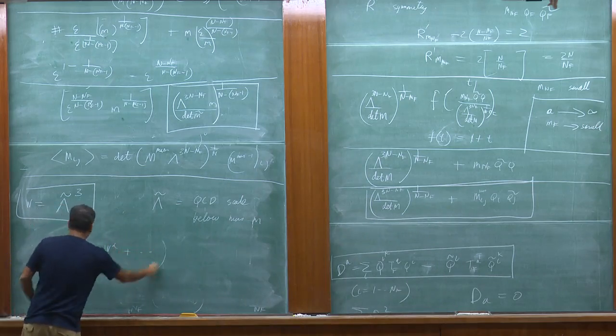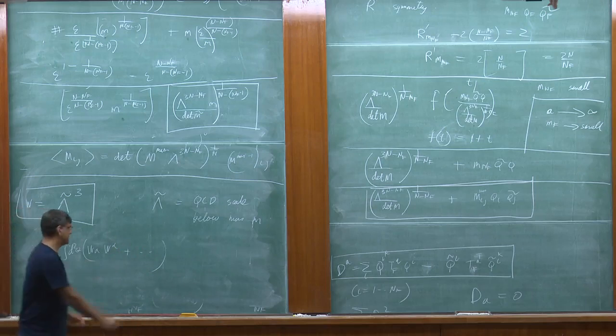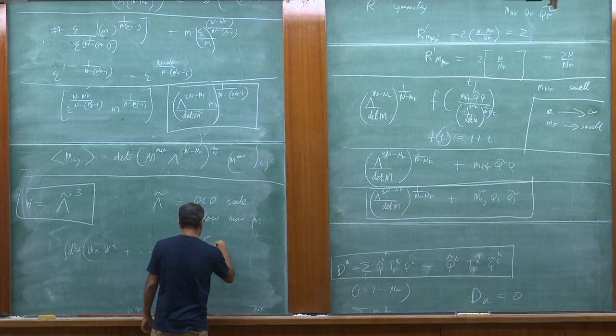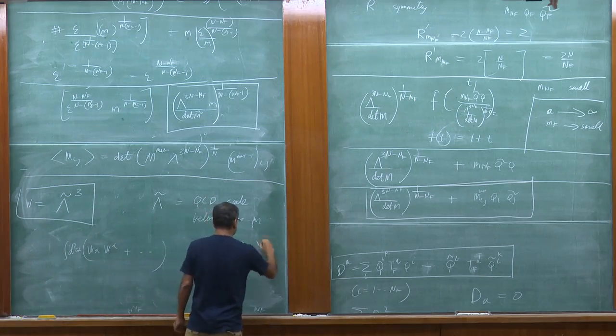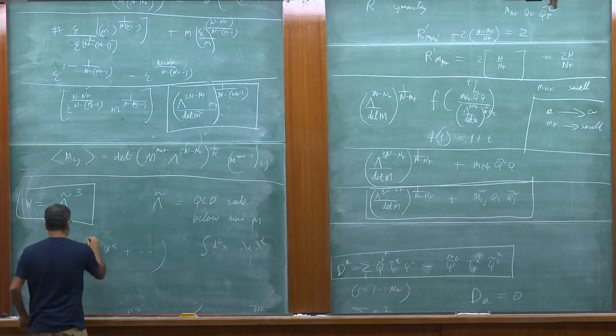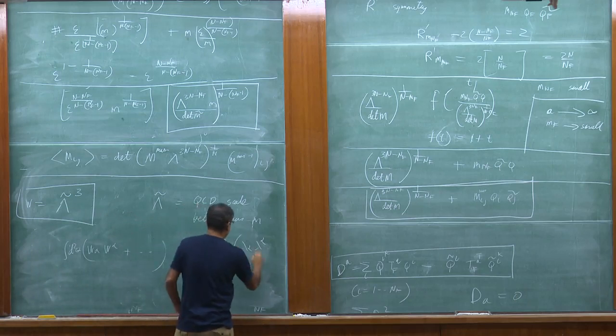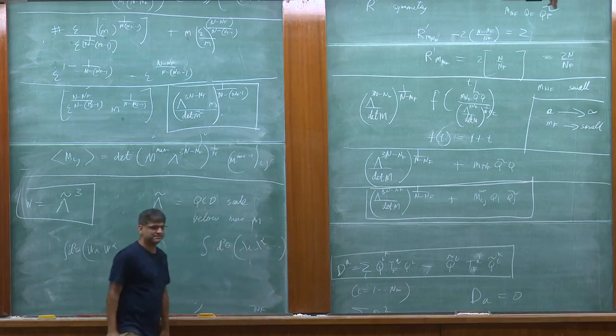W alpha squared, integrated with d2 theta. And if you naively expand this Lagrangian here, it starts off with the integral d4x of lambda alpha, because W alpha starts off with lambda alpha, plus theta and so on.